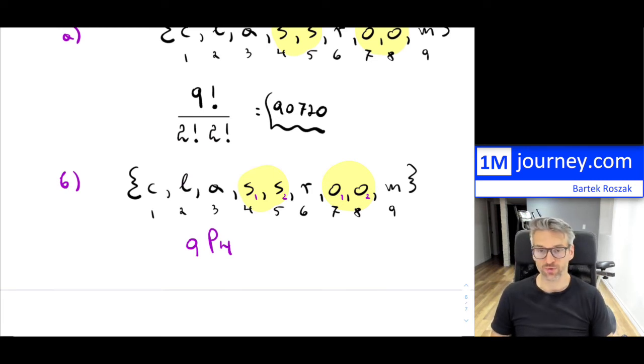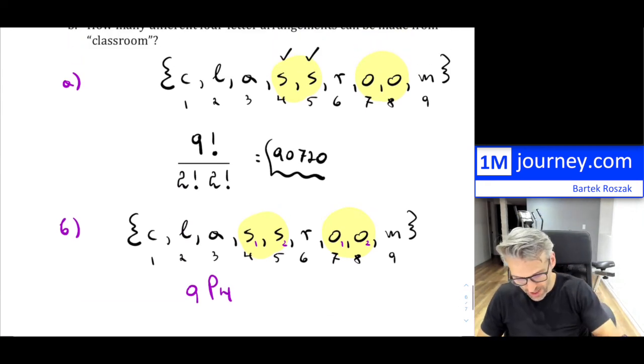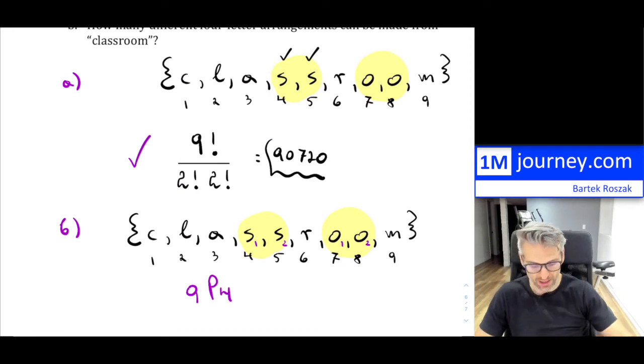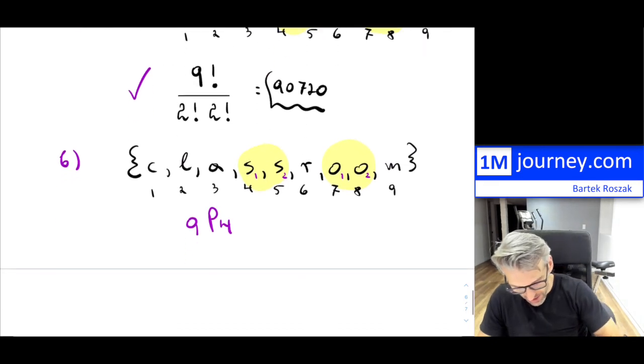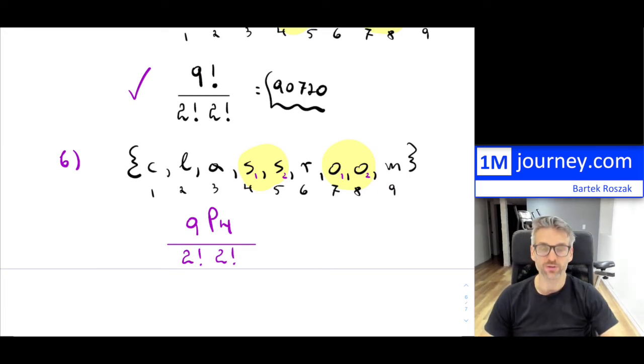We don't know which one is 1 and which one is 2. So how would we approach this? We had a very nice way of doing it when we chose all the letters: we would just divide by how many times the S's repeat, 2 factorial. But we certainly cannot do that here. We can't just say this is 2 factorial and then we're done.